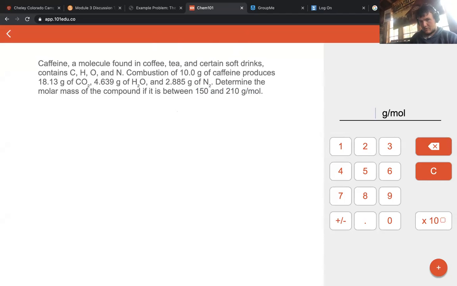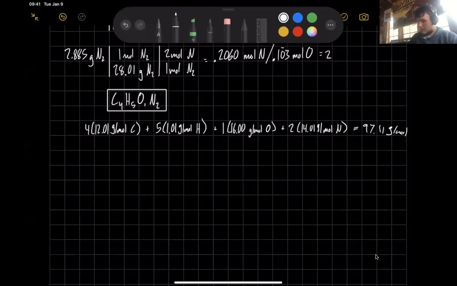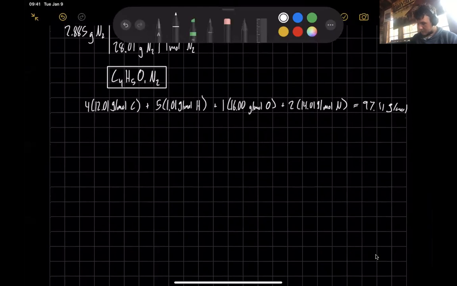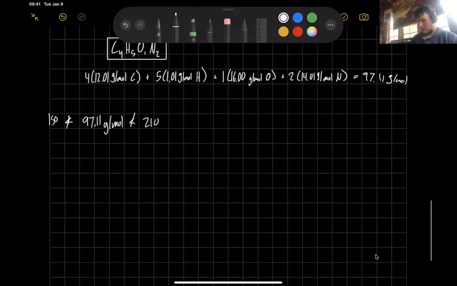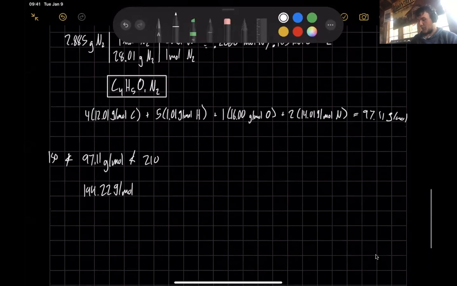Okay, and so here it is. 97.11 grams per mole is not between 150 and 210. But if we double it, so times 2, we get 194.22 grams per mole, which does fall in that range, which means that we have to double our empirical formula to get the molecular formula.